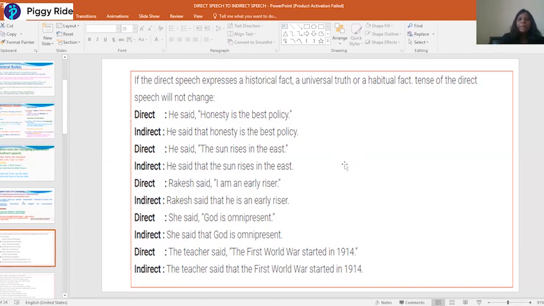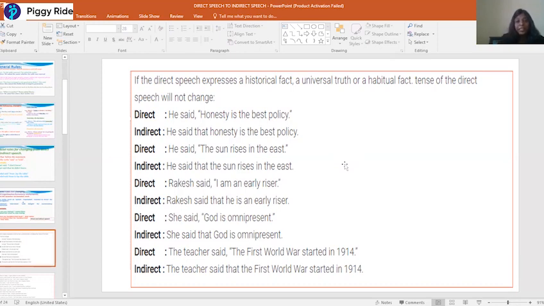The next example: He said, comma, open speech marks, "The sun rises in the east," full stop, close speech mark. This is a universal truth, which happens. He said that the sun rises in the east, full stop. Rakesh said, comma, open speech mark, "I am an early riser," full stop, close speech mark.